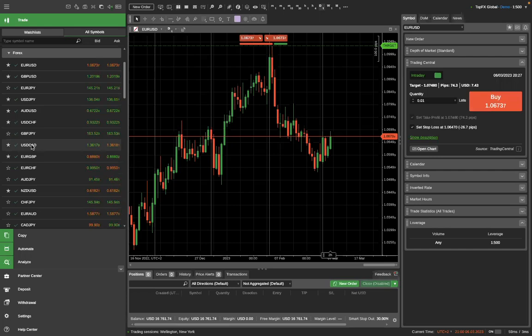Those are majors. And those majors are responsible for the better half or even more of the daily turnover on the Forex market alone. I'm talking about the currency market, not the indices, not the shares, despite the fact that they are of course in the range of the markets that you can trade in TopFX.